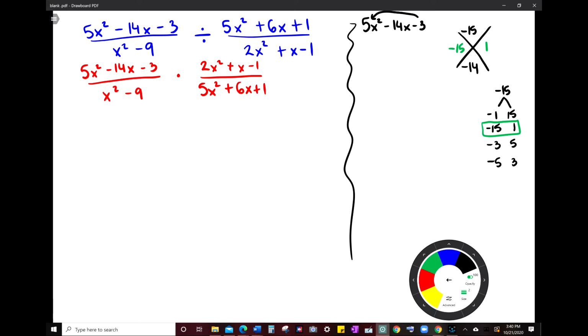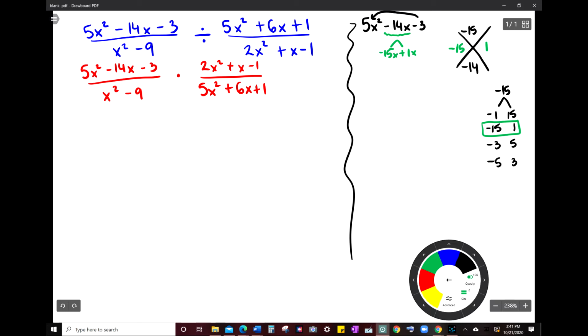Okay, so how do these numbers help me factor this expression? Basically, negative 14x right here, I can rewrite as negative 15x plus 1x.